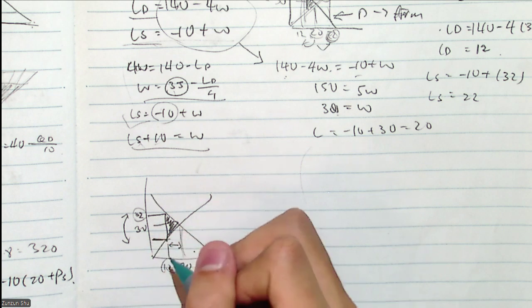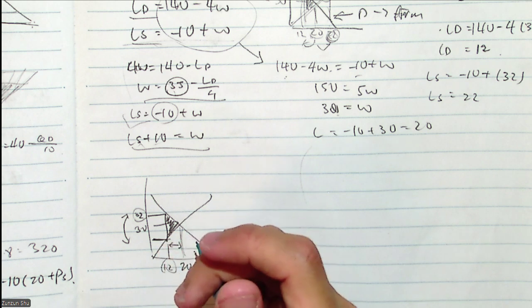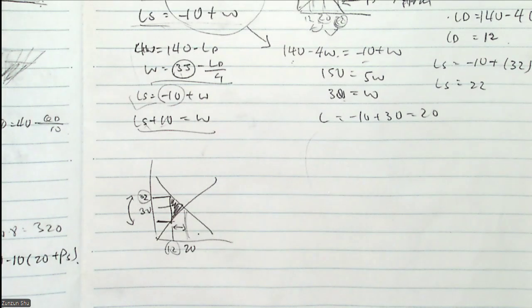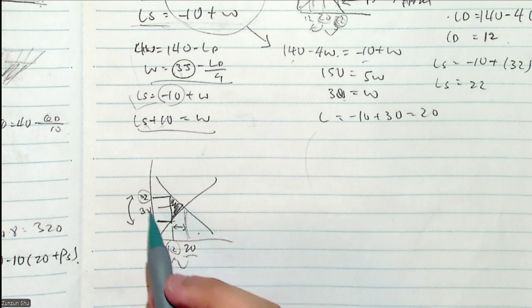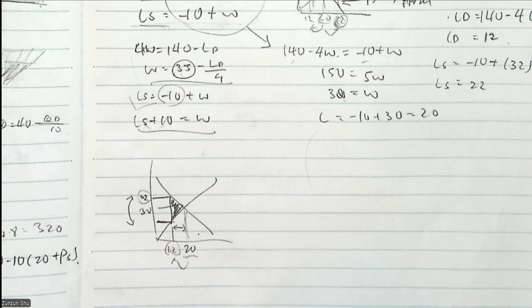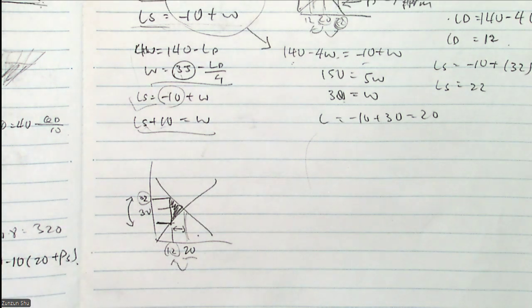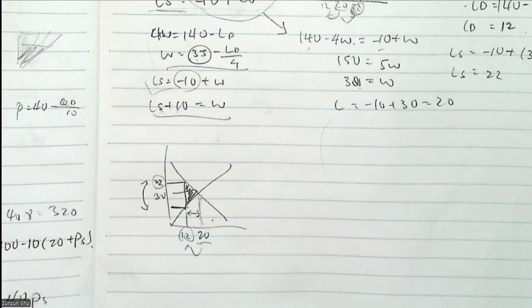This is the line that says if only 12 workers are willing to work in this market, what's the price going to be? Our equilibrium quantity is 20, but if it goes down to 12, that means fewer people want to work at that wage.